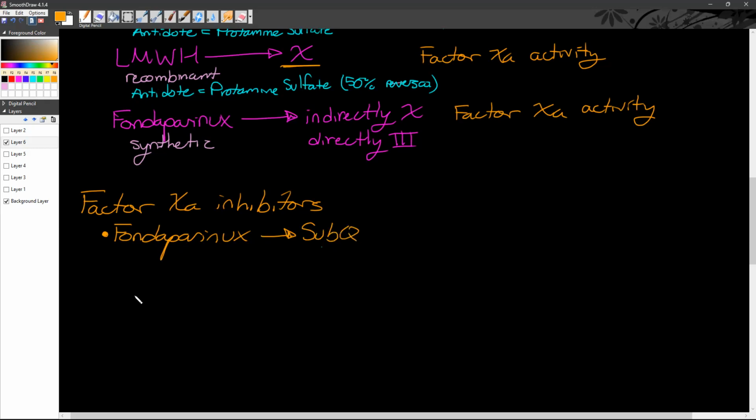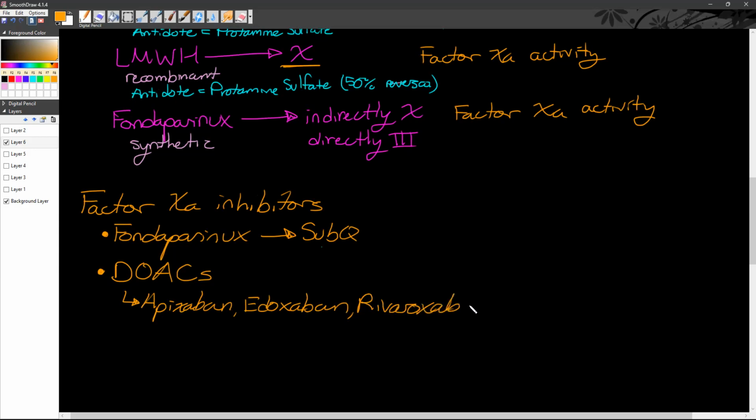So if we want to have a good outpatient drug, then we're going to use our DOACs, our direct oral anticoagulants. So this would be our apixaban, edoxaban, and rivaroxaban. And the usefulness of these is that they're oral.